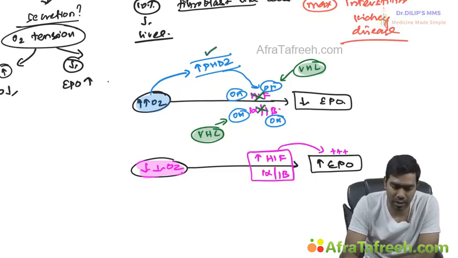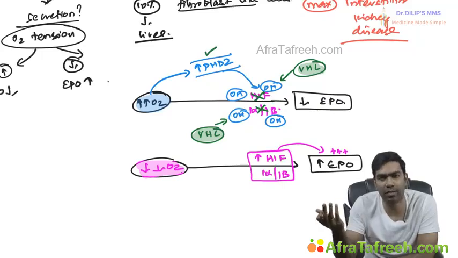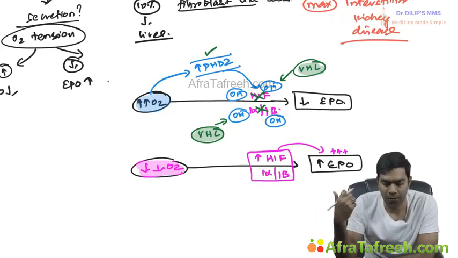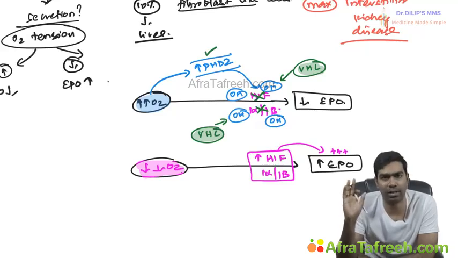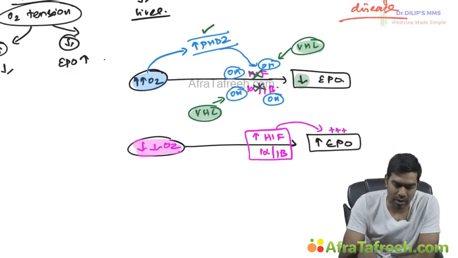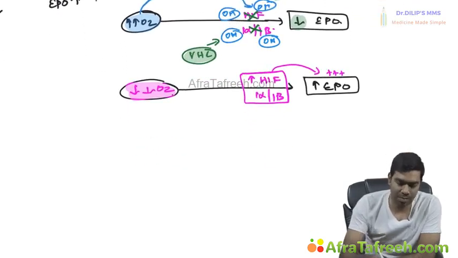So this PHD2 hydroxylation facilitates the binding of HIF1 alpha and 1 beta with von Hippel-Lindau protein. Then when VHL binds with them, they break down the hypoxia inducible factor, resulting in reduced erythropoietin.